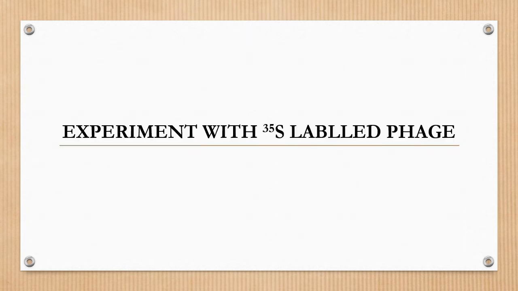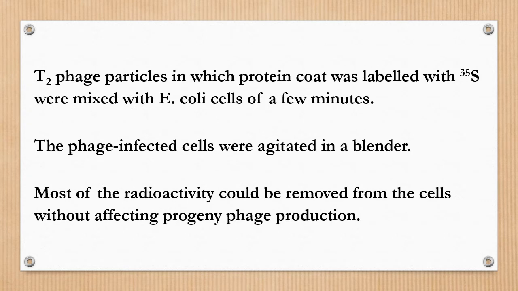Now, the experiment with radioactive sulfur labeled bacteriophages. When we cultured these T2 bacteriophages in the radioactive sulfur medium, the protein coats of the bacteriophages were labeled with radioactive sulfur, because proteins contain sulfur, not DNA, and the process is the same.